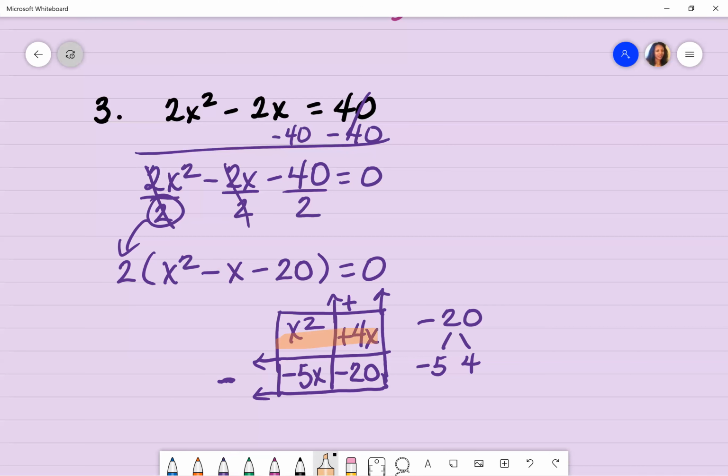When I'm looking at this, what is the biggest thing I can take out of both? I can take out an x, right? So that's my first greatest common factor. My next row, what is the biggest thing I can take out? Well, if I'm looking at my number 5, that's the biggest number I can divide it by. So then I want to check the next one. Can I divide 20 by 5?